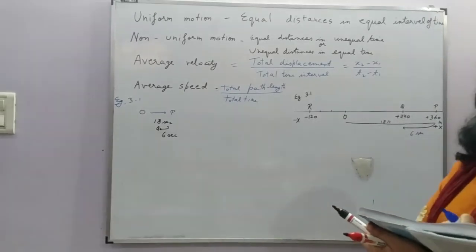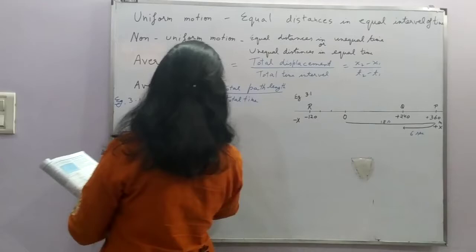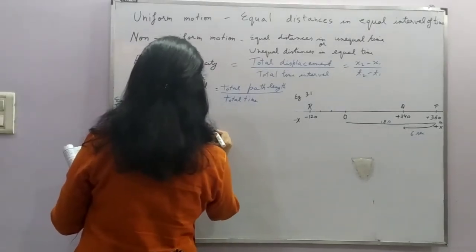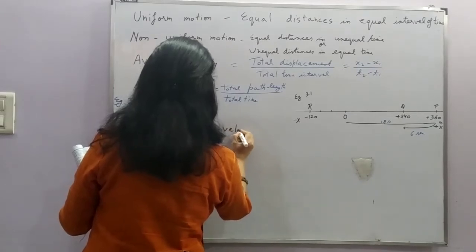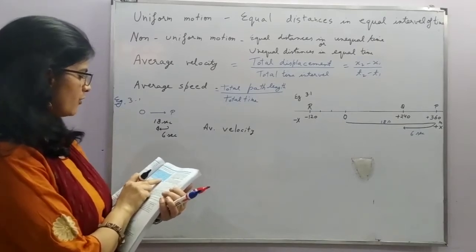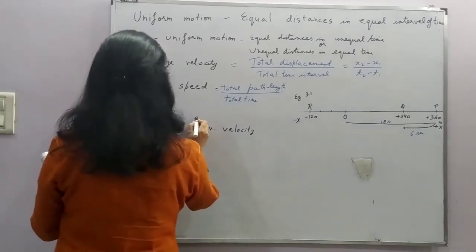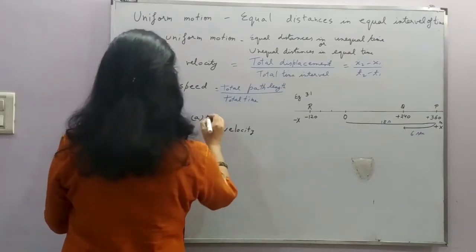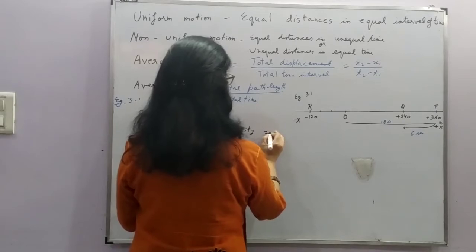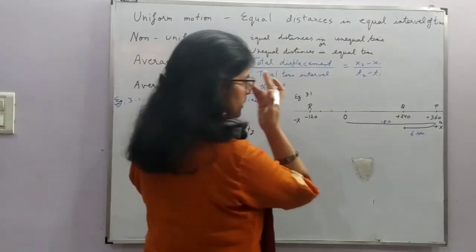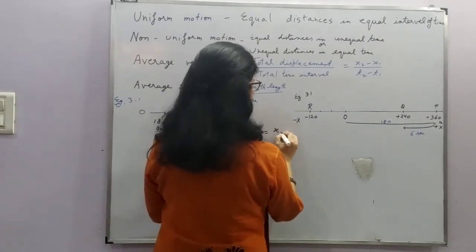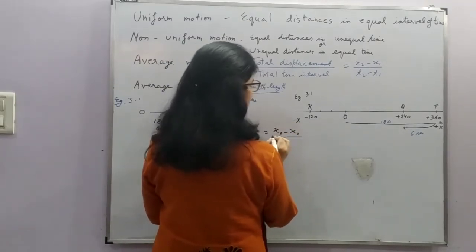What are the average velocity and average speed of the car? First they are asking for the O to P journey. So average velocity will be total displacement upon total time. Total displacement is final position minus initial position.